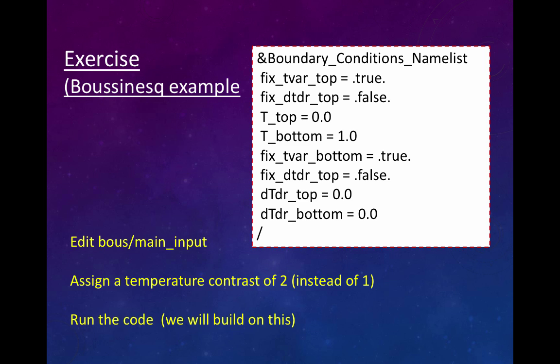Okay, so let's just try, right? Edit the main input file in your Boussinesq directory. Okay, and we'll just try changing the temperature to 2 at the top. Just verify that you can make that modification and run the code.